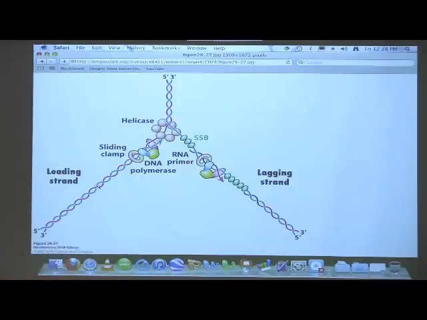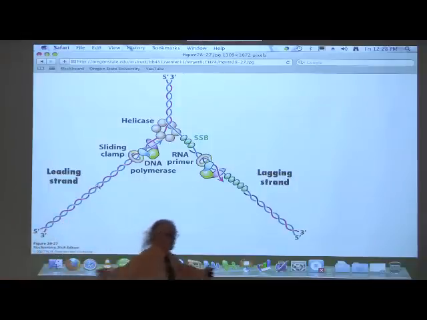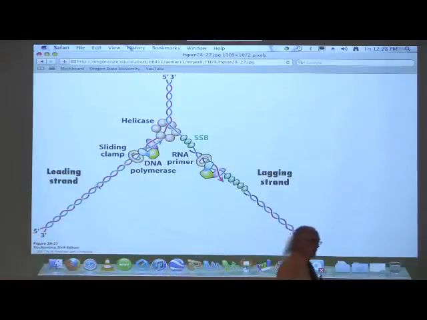The enzyme that they use is called helicase. Helicase is really good at doing what it does. It takes ATP energy to pull the strands apart. And it literally does, I won't say rotates, but it's like a rotation that it does in unwinding the strands.